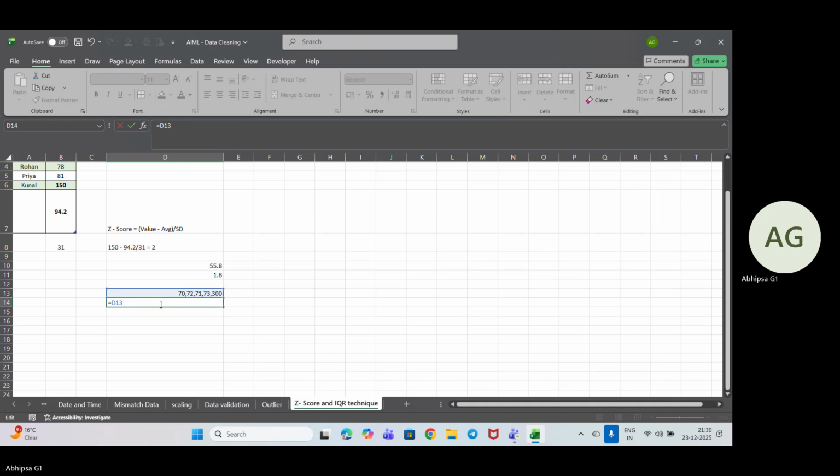So we will be just adding that up: 70 plus 72 plus 71 plus 73 plus 300. So we have got the value as 586, right?